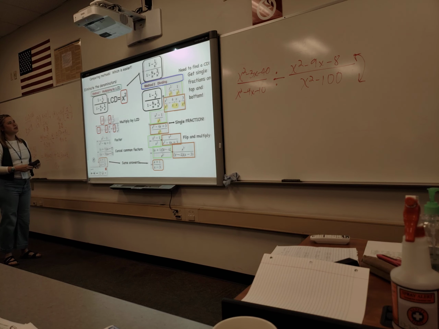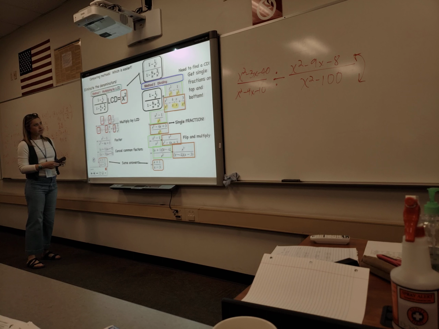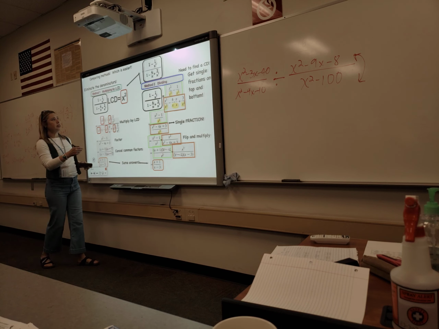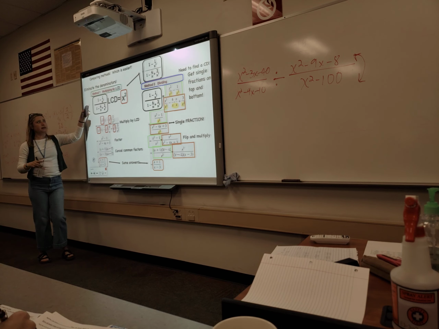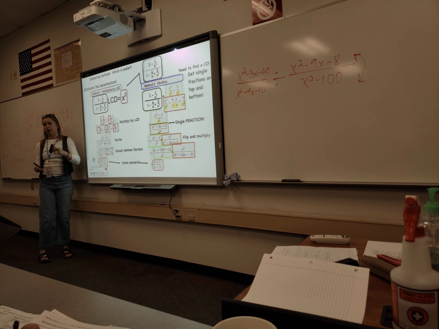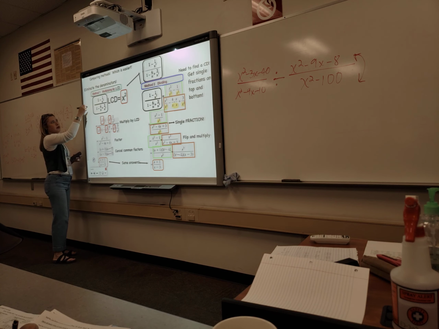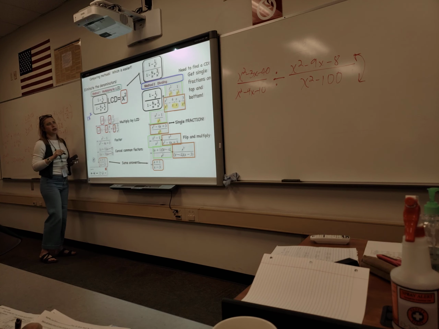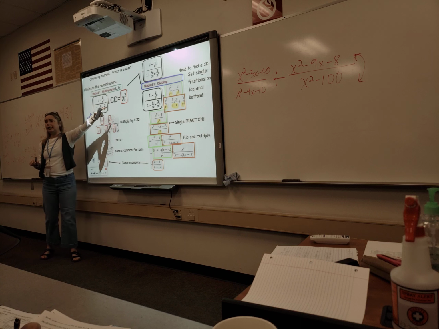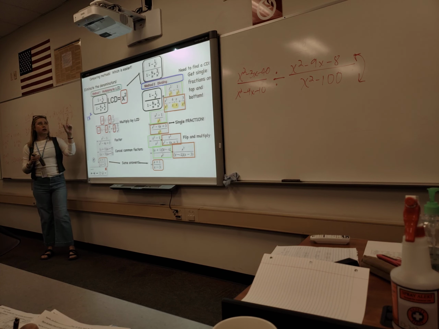Okay, so a couple of different methods. This is what we learned today. Figure out the LCD for every single one of these denominators. I got a 1, I got an x squared, I got an x already covered, x squared already covered. Therefore, my LCD is that for the whole expression.